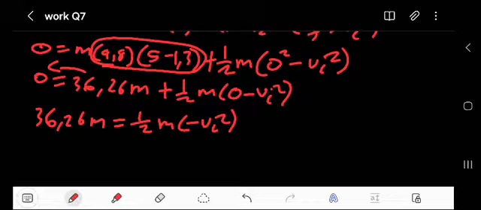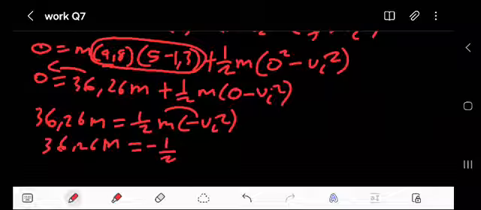So this is 36.26 m, where m is the mass. When you multiply this, it will be negative 1 over 2, because we have a negative here. Also this is positive, when you take it to that side, it will be negative, right?